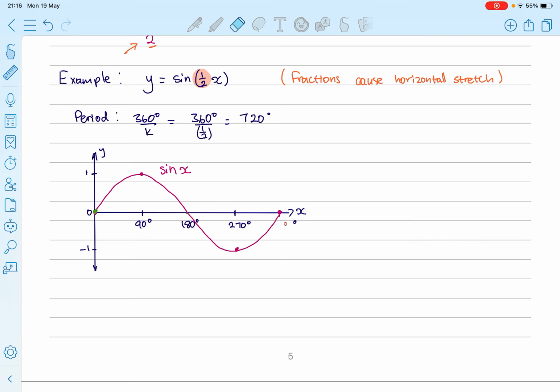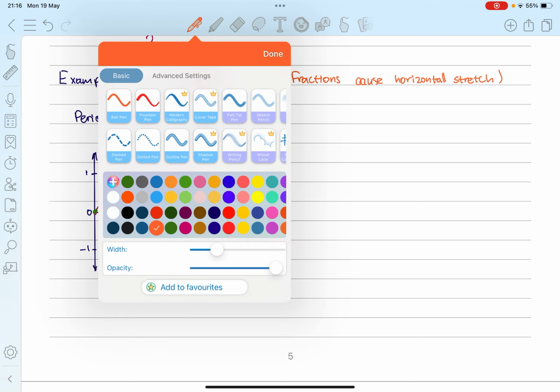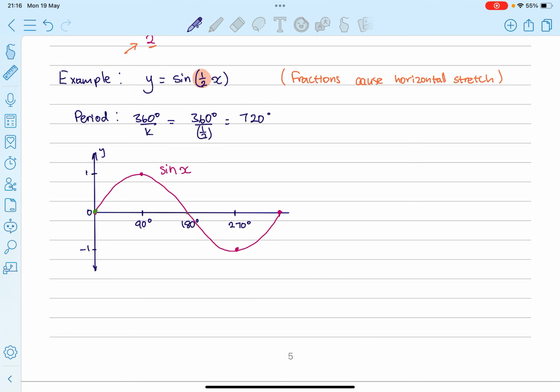Okay, and now we need to extend our line on the x-axis to accommodate the 720 degrees. I think this should be enough. Okay, so this was 360 degrees. Okay, so adding 90 to that, somewhere here we should end up with 720 degrees.